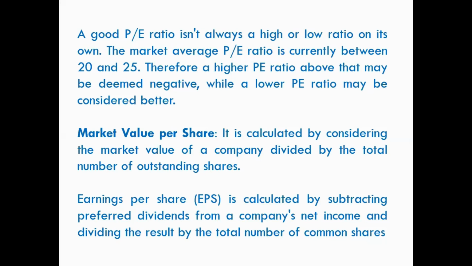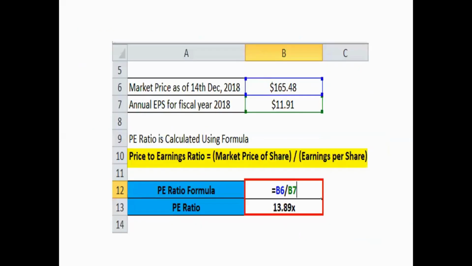Market value per share is calculated by dividing the market value of the company by the total number of outstanding shares. Earning per share, or EPS, is calculated by subtracting preference dividend from the company's net income and dividing the result by the total number of common shares.